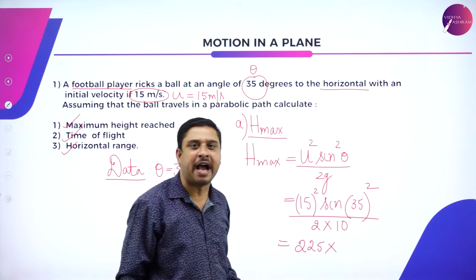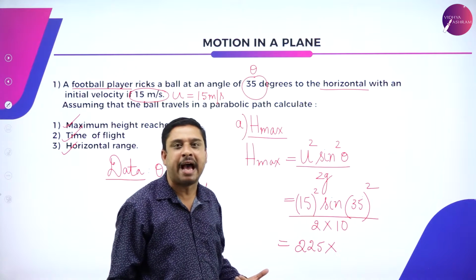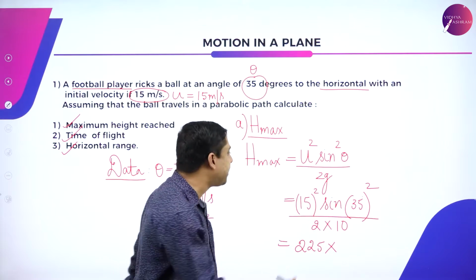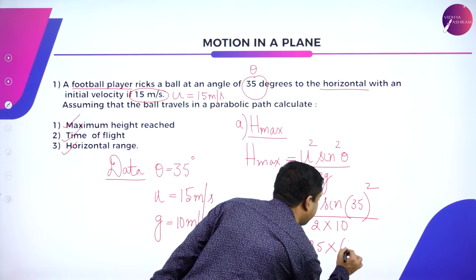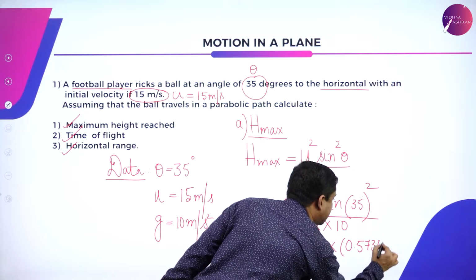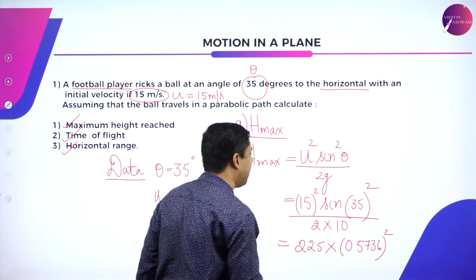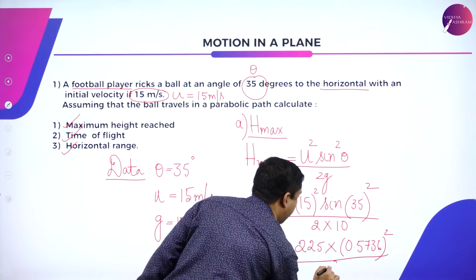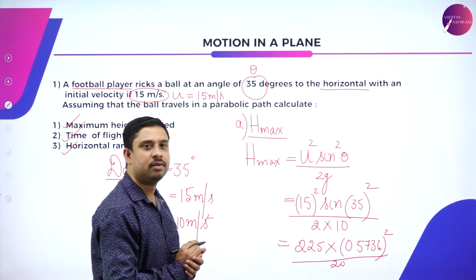Sin 35, I directly give you the value from the trigonometric table. Sin 35 is 0.5736 whole square divided by 20.